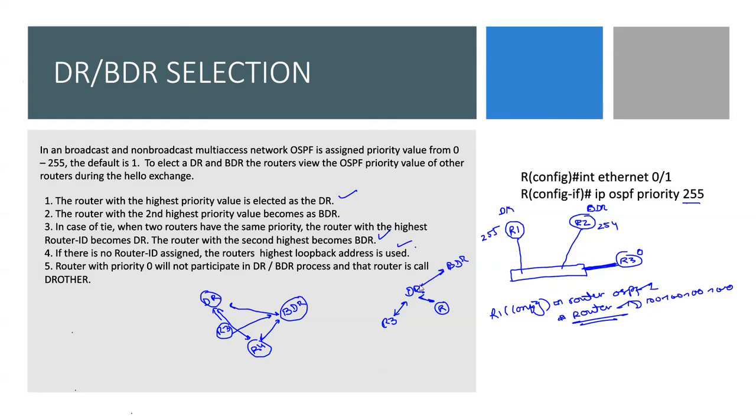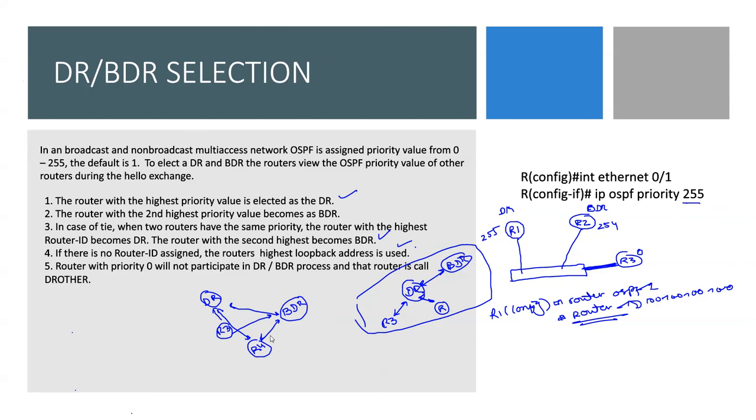And BDR will keep an eye on DR, but all the updates will be coming through DR only. And if DR fails, then BDR takes over. I hope that is understandable. This is basically the synchronization structure of the OSPF, right? And all these other routers will be only talking to DR.